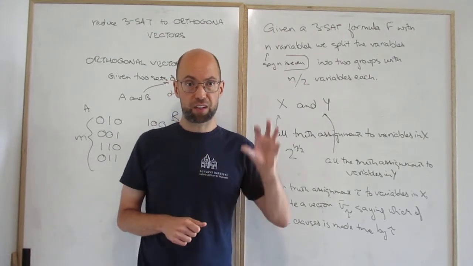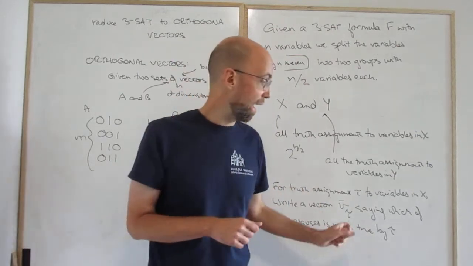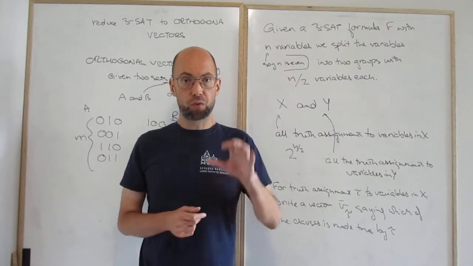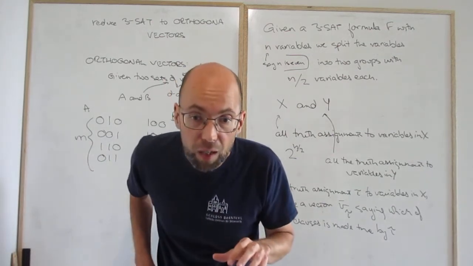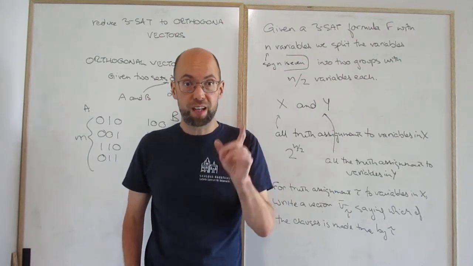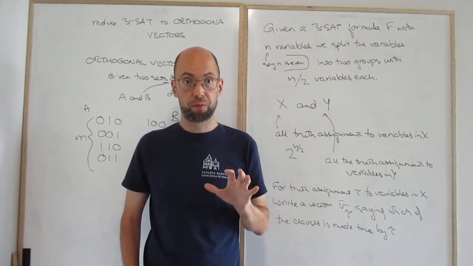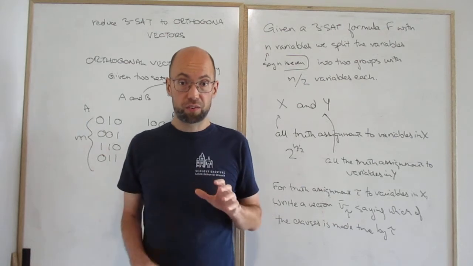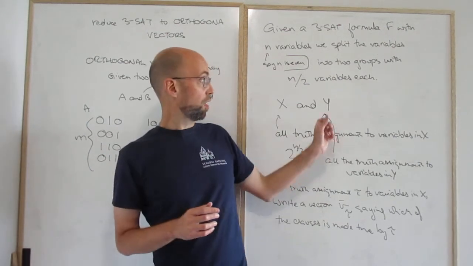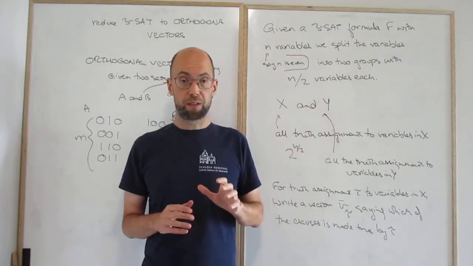Then tau satisfies that clause and we write that in the vector, okay? There are 2 to the n over 2 taus for X and 2 to the n over 2 taus for the other n over 2 variables, right?